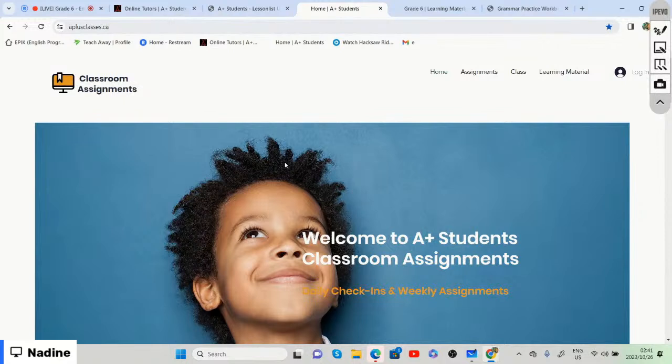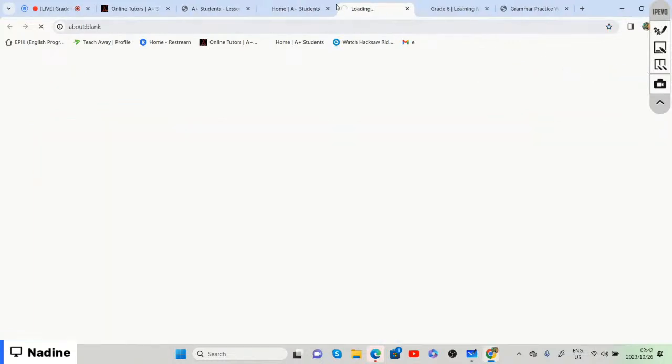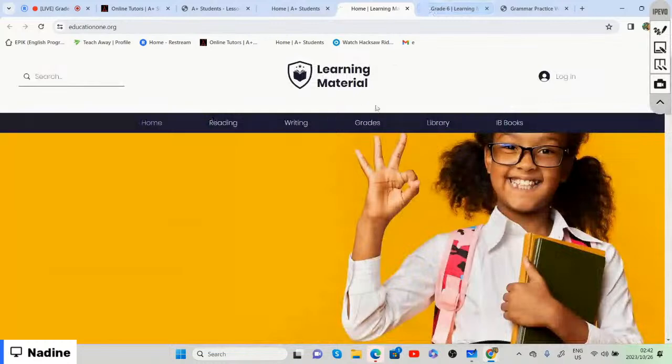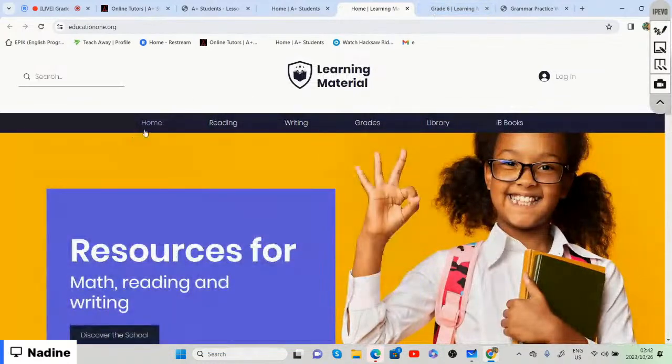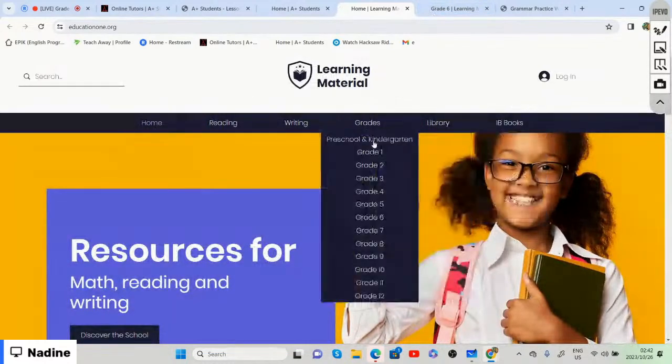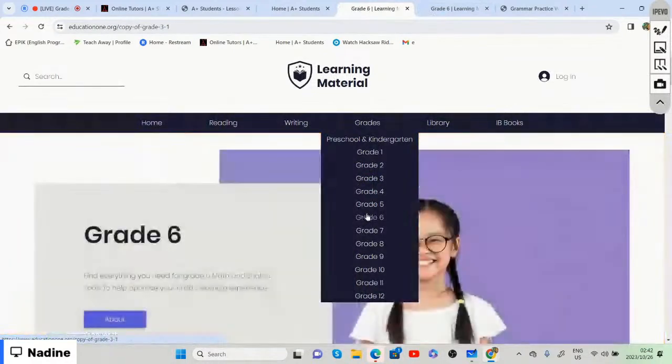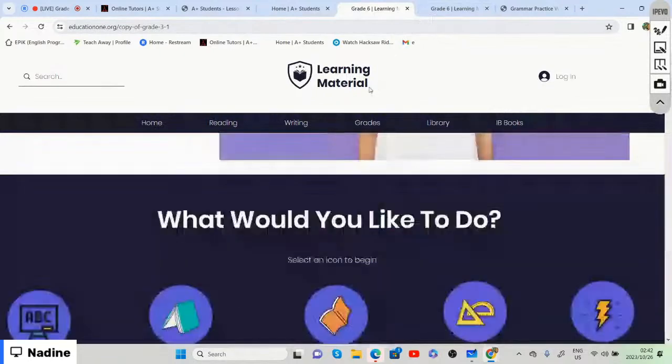If we log into A Plus Classes.ca with your login details, then we go to learning material. Then on the top bar, we go to grades, grade 6, and then we scroll down.